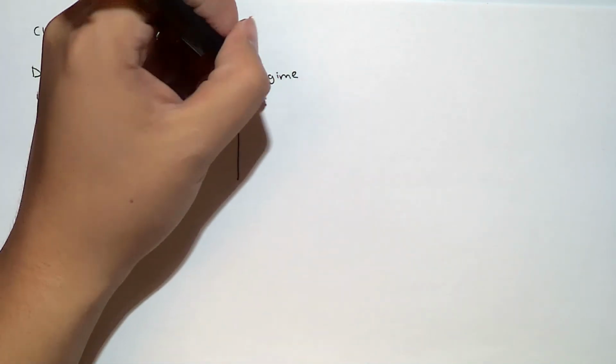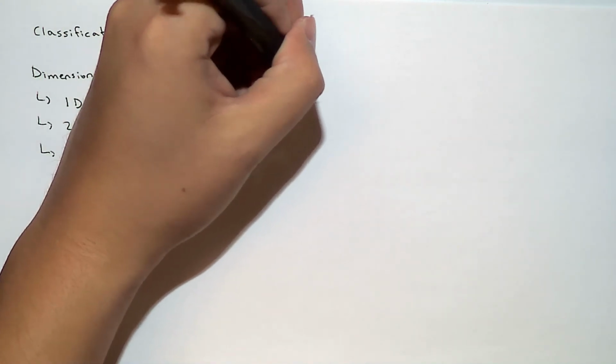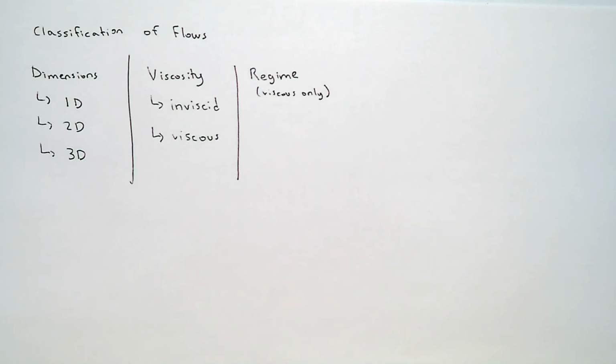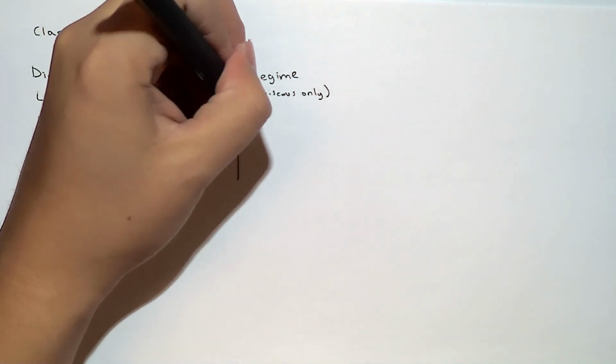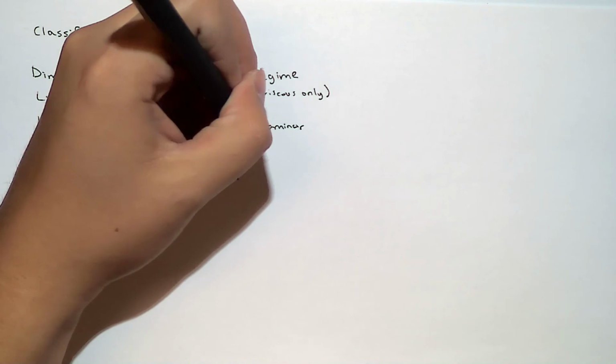We can classify flows by regime. But our regime actually is only for viscous flows. You see, there are two main types of flow regimes. We call them laminar flows and turbulent flows.